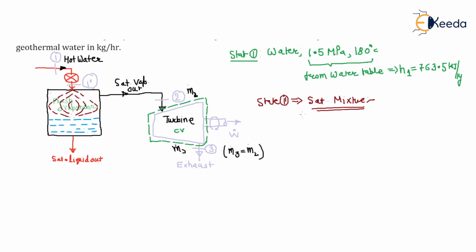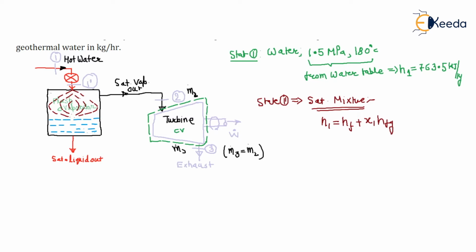So what is h1 dash? h1 dash is hf plus x1 hfg at what pressure? The flash chamber forms liquid and vapor at a low pressure of 400 kilopascal. So this is the pressure of the flash chamber.